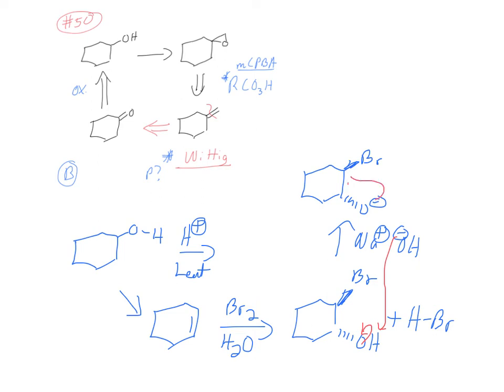This O minus can attack, and we will form an epoxide. The problem is we didn't add any carbon. We didn't form the right epoxide. That's why that Wittig is really key. Wittig forms an alkene, but it also adds a carbon at the same time.